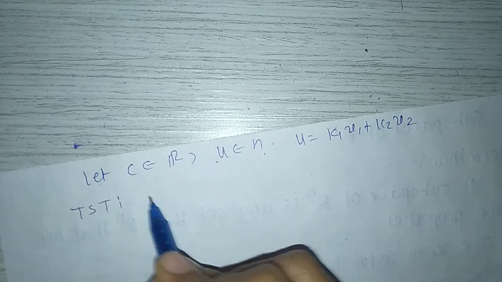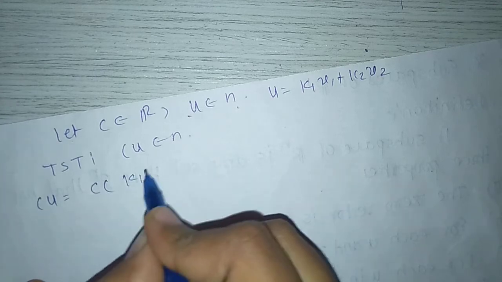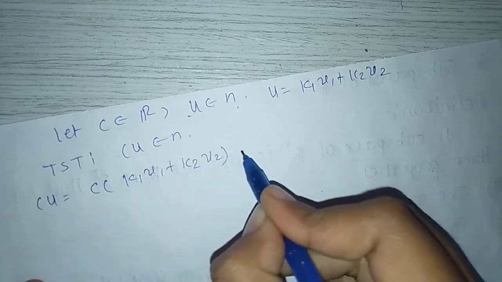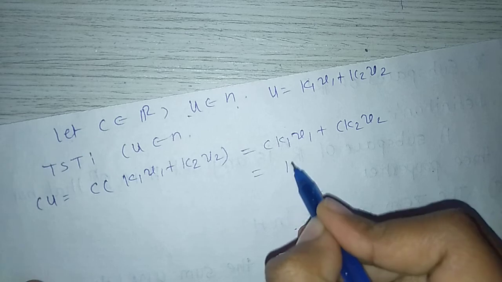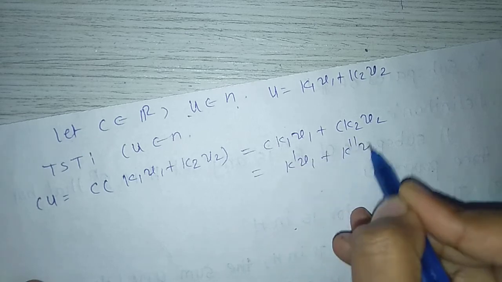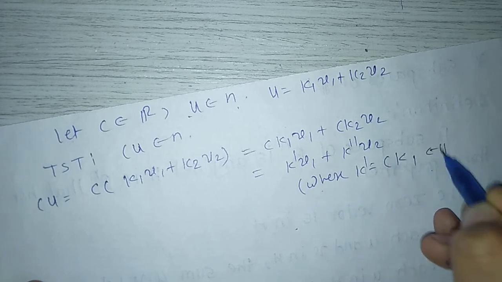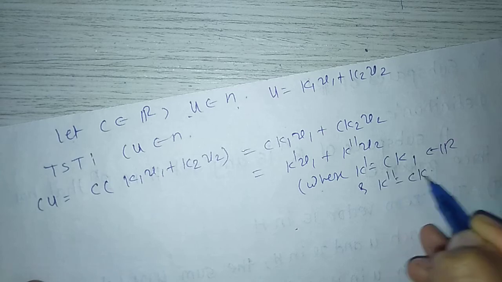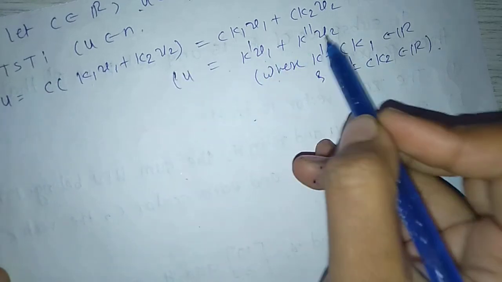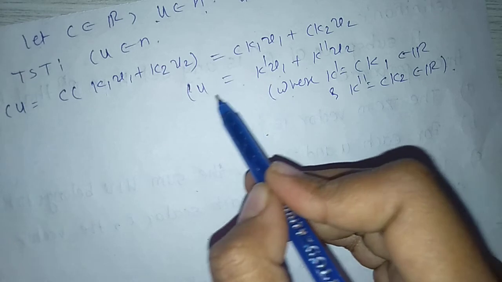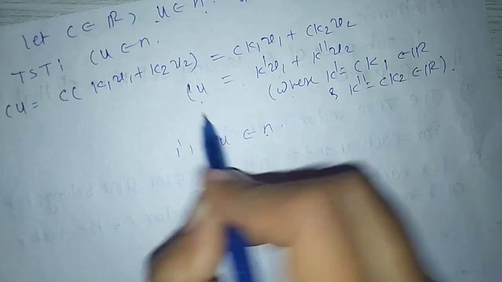Now to show that c u belongs to H, c u equal to c times (k1 v1 plus k2 v2) equal to c k1 v1 plus c k2 v2, equal to k' v1 plus k'' v2, where k' equal to c k1 belongs to R and k'' equal to c k2 belongs to R. c u equal to k' v1 plus k'' v2 means c u is in the linear combination of v1 and v2. Therefore, c u belongs to H.